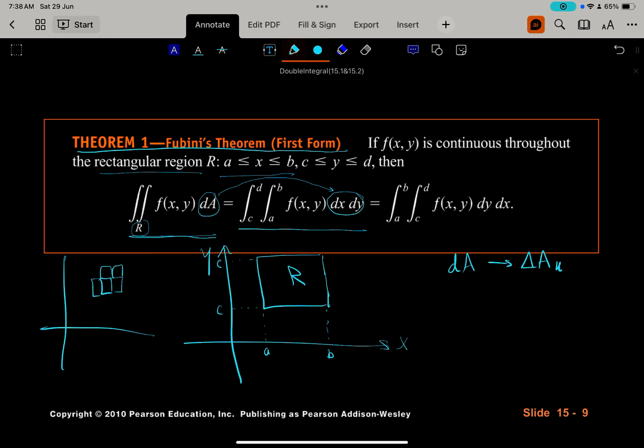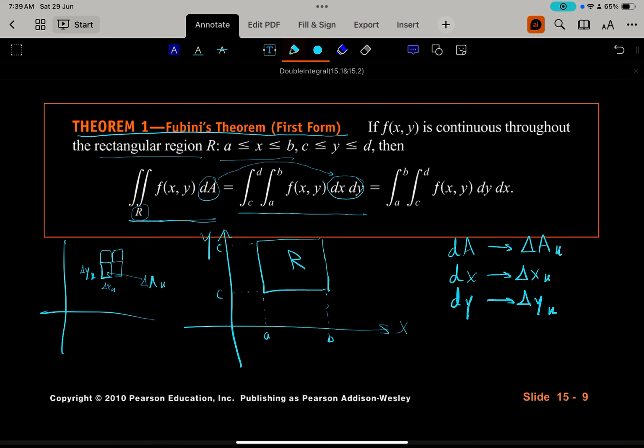Delta A_k is the change in x multiplied by the change in y. dx is originally delta x_k, and dy is originally delta y_k.